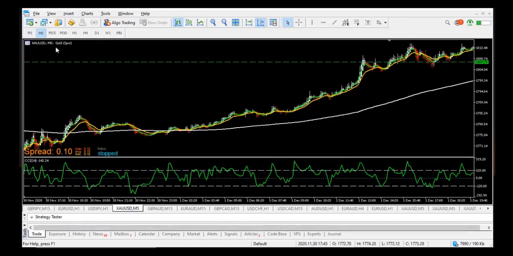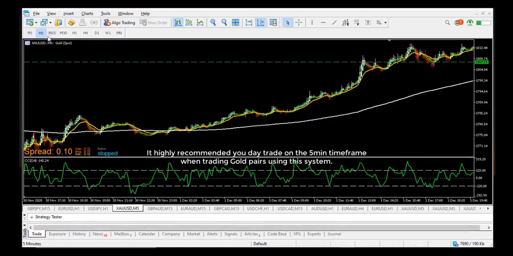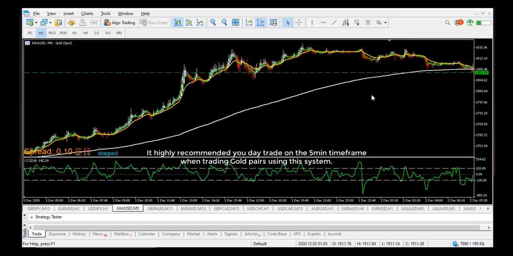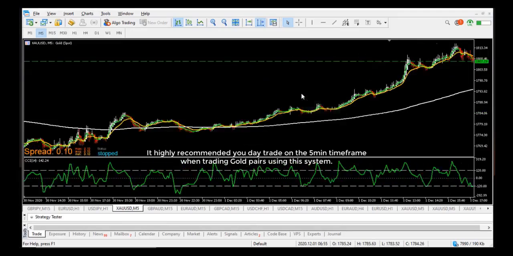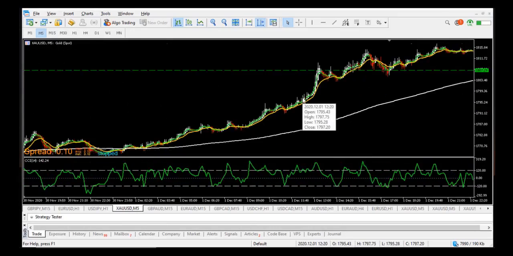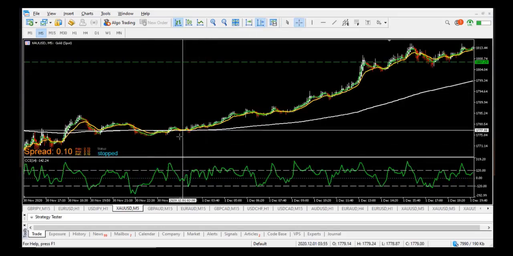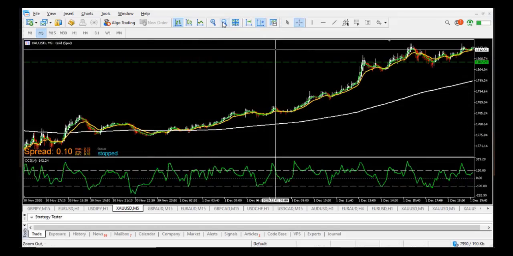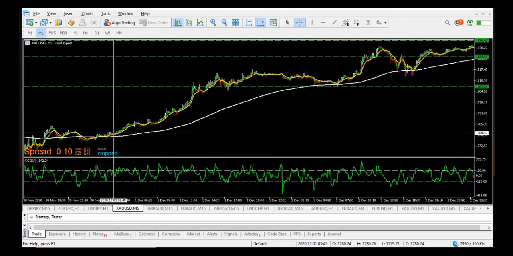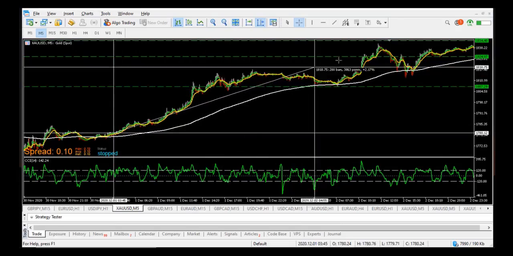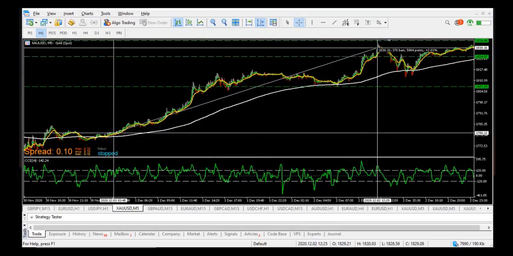On gold pair, it's highly recommended you trade on the 5 minutes time frame. It's because it's more volatile, you make more profit, you close more trades and open more during the day, up to 2 or 3 per day, because the gold currency pair is very lucrative.